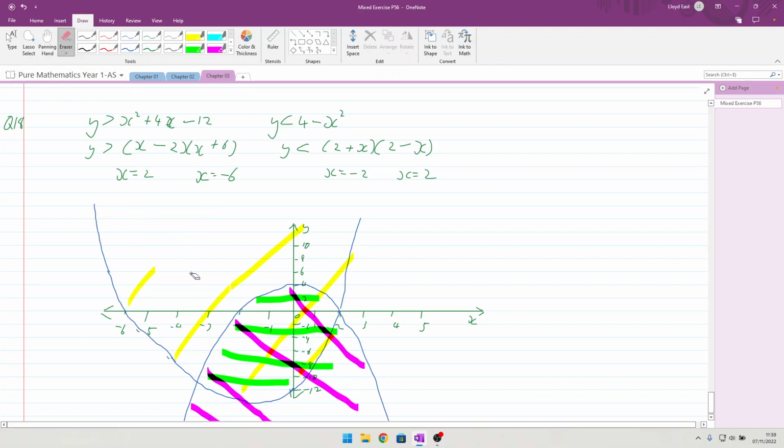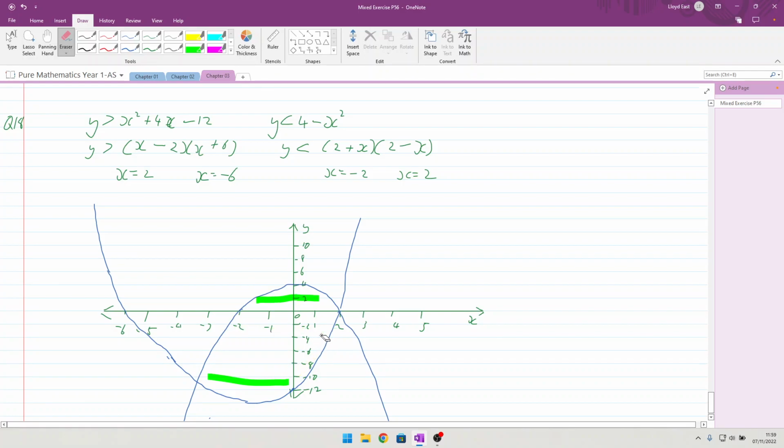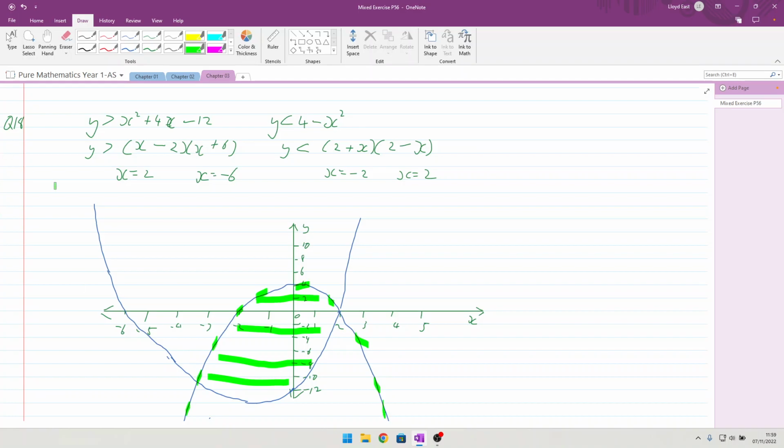I'm going to take out all of them, just take that one out because it overlaps. So this area and this area, and it should be dotted lines on the graphs because there's no equals. Okay.